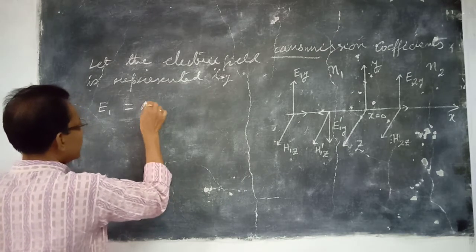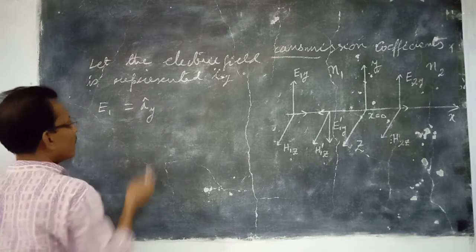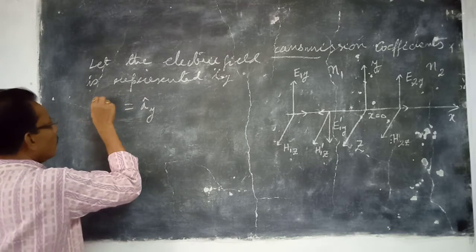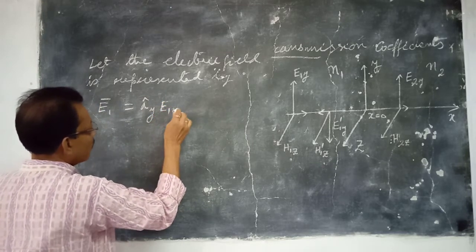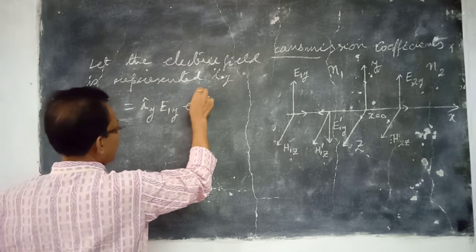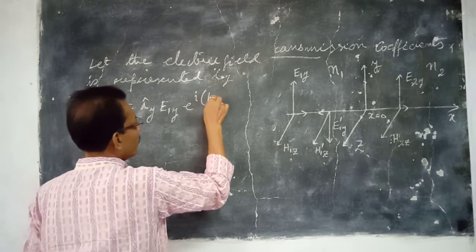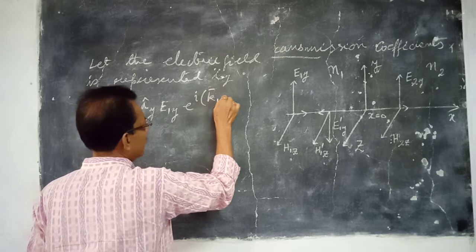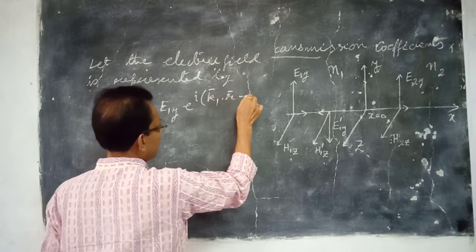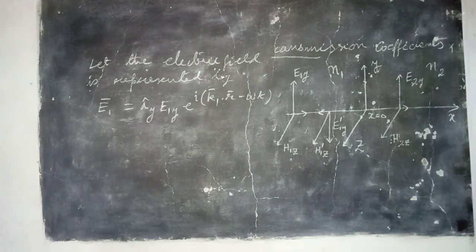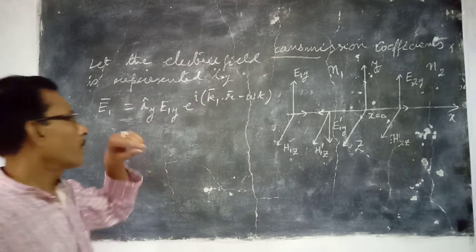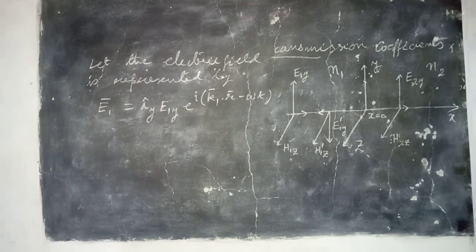So we write a_y, the unit vector along the y-axis, E1y e to the power i (K1 dot r minus omega t), where the propagation constant is K1.